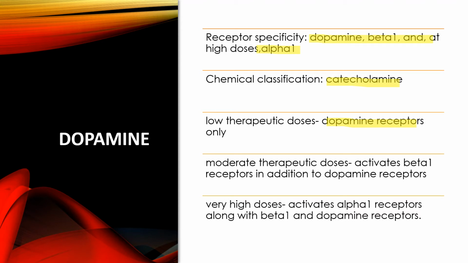At moderate doses, aside from dopamine receptors, it also activates the beta-1 receptors. And at very high doses, aside from activating dopamine and the beta-1, it also activates the alpha-1 receptors.